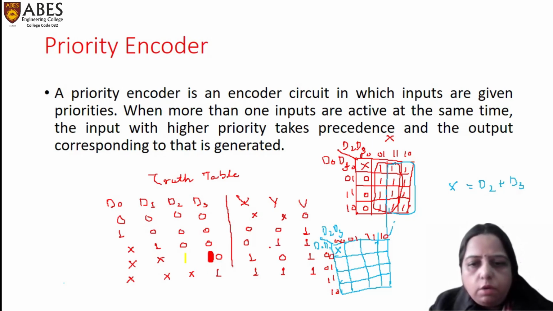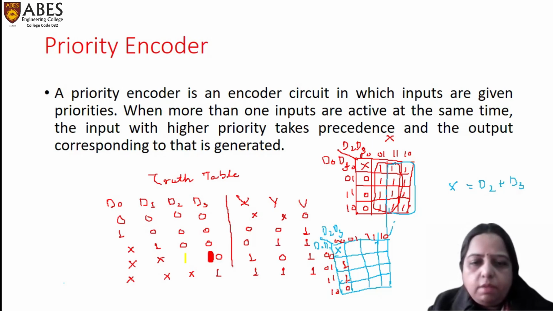For all the zeros we have don't care. Then for 100, the value of Y is 0. Then for don't care 100, that is 0100 and 1100, at these two places we have 1. And in the last case, don't care, don't care, don't care 1, we have 1.